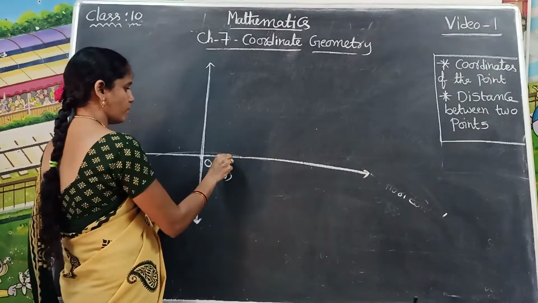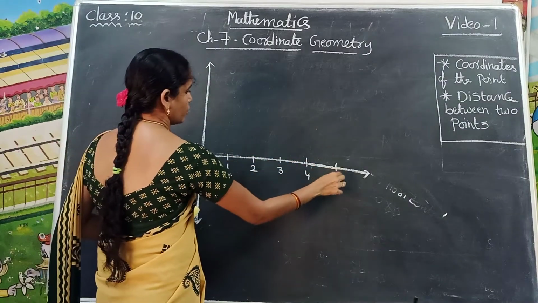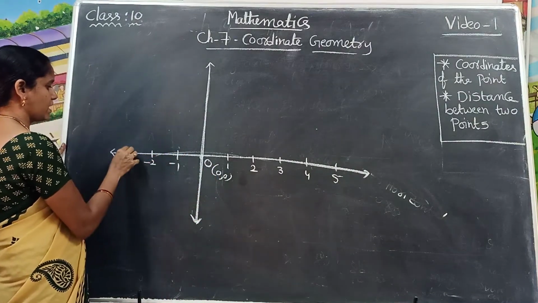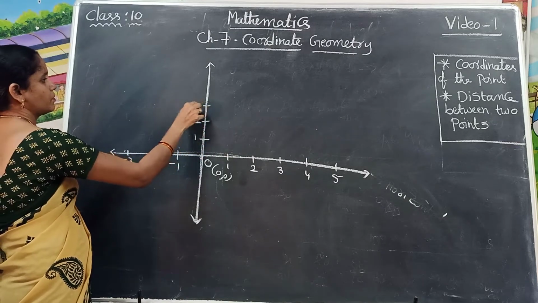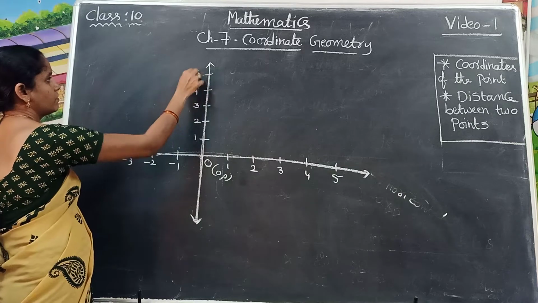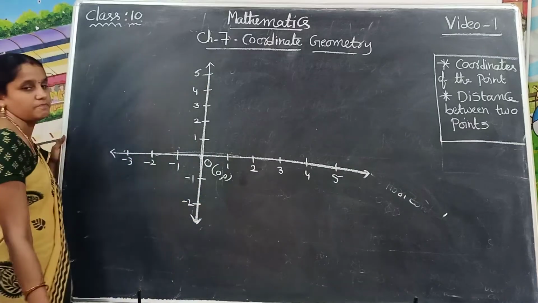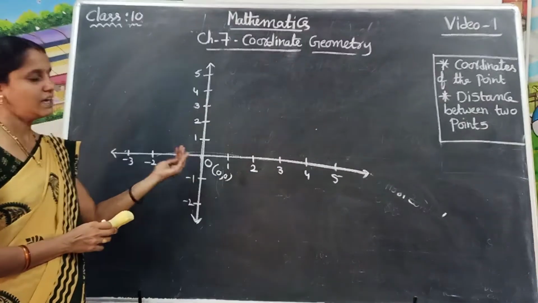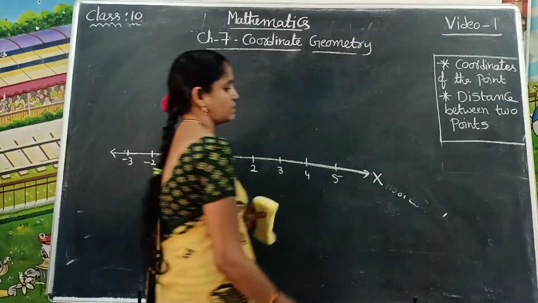Here if you see 1, 2, 3, 4, 5, minus 1, minus 2, minus 3, 1, 2, 3, 4, 5, minus 1, minus 2. So here this is x-axis. Here this is origin. Right side of 0 it represents x-axis. So this is x. All positive numbers will be there.